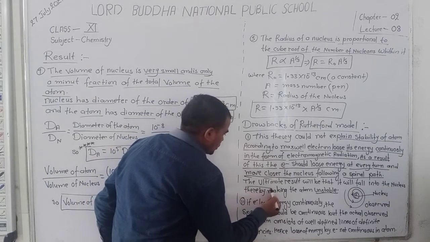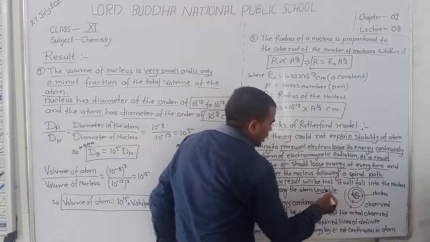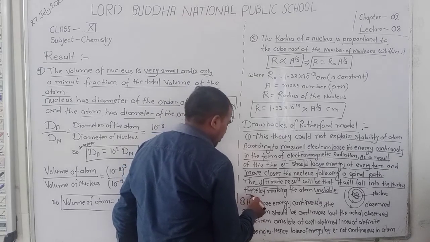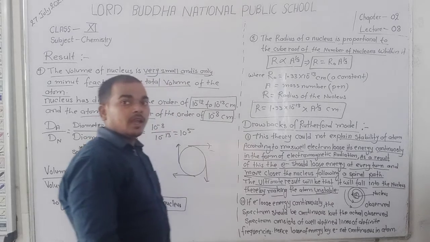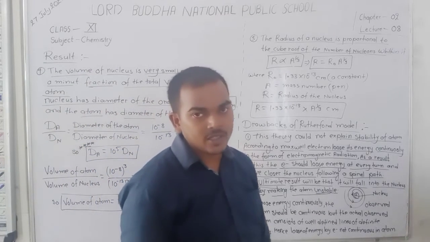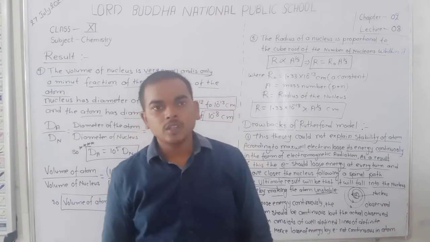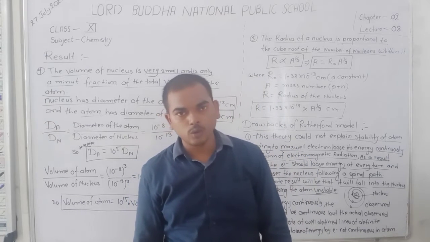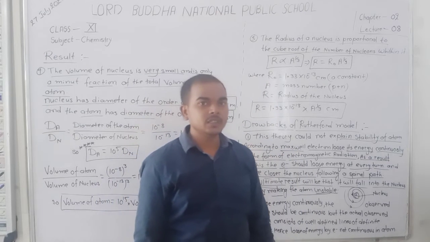Ultimately, the result will be that it will fall into the nucleus, thereby making the atom unstable. The atom is unstable because the electron is a charged particle, and if a charged particle revolves around the nucleus, it loses its energy continuously, goes closer to the nucleus and finally falls into the nucleus.